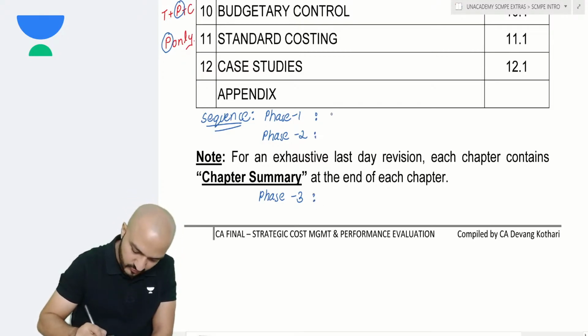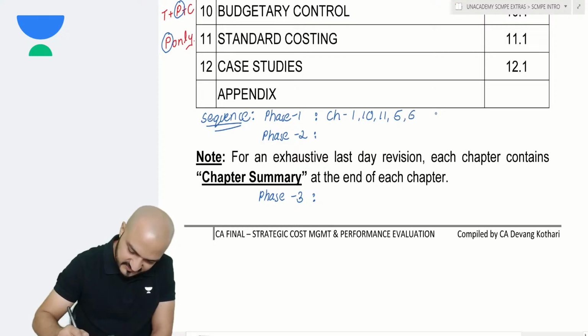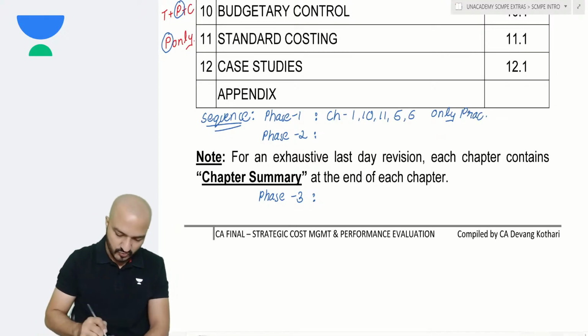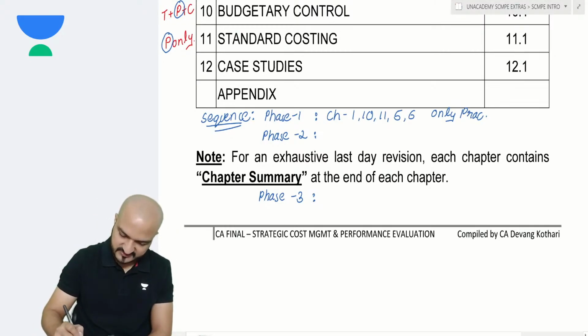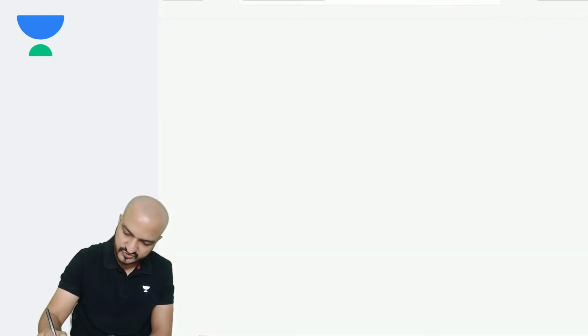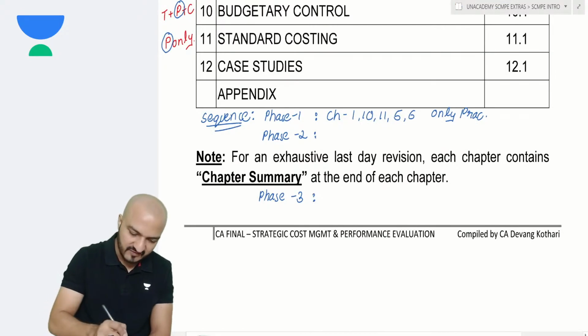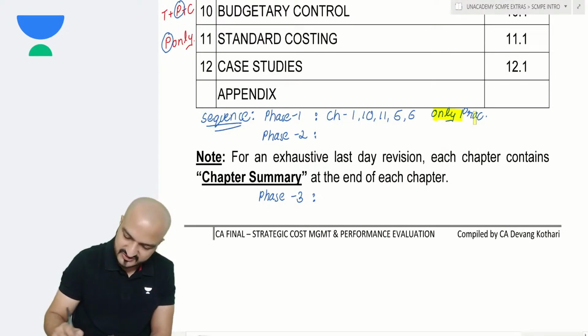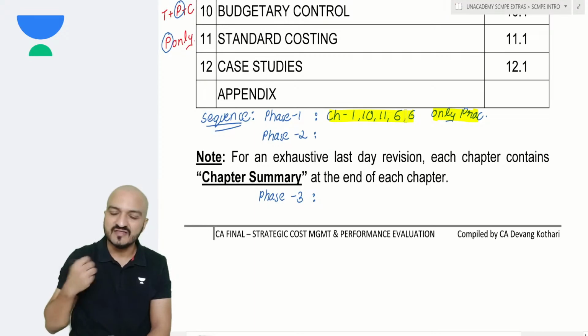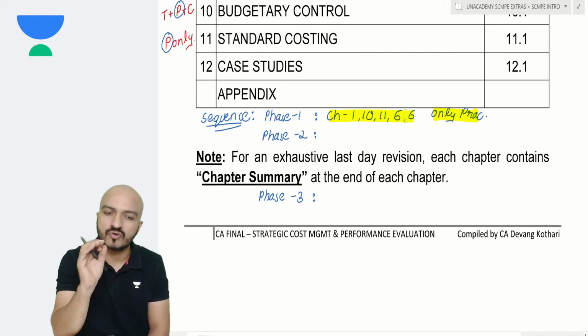Stage 1, I will be doing chapter 1, 10, 11, 5 and 6. Only practicals. Yes, first I will discuss only practicals of these chapters, because these are the chapters where practicals are more important.